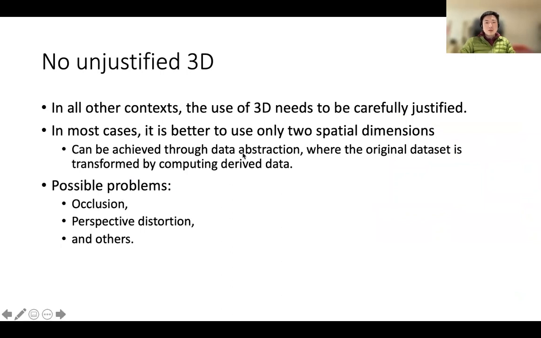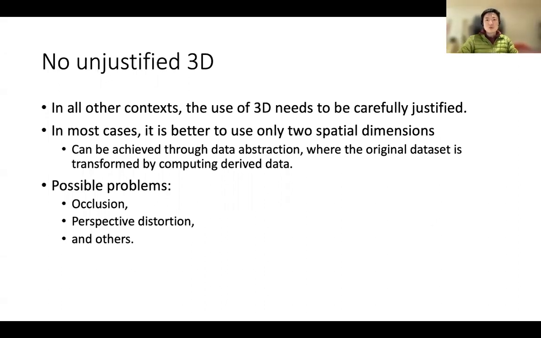If the data itself is not 3D, you need to be very careful, because a 2D representation may turn out to be a better visual representation. As we already said before, it's not about how fancy the visualization is, it's about how effective it is in showing the data.